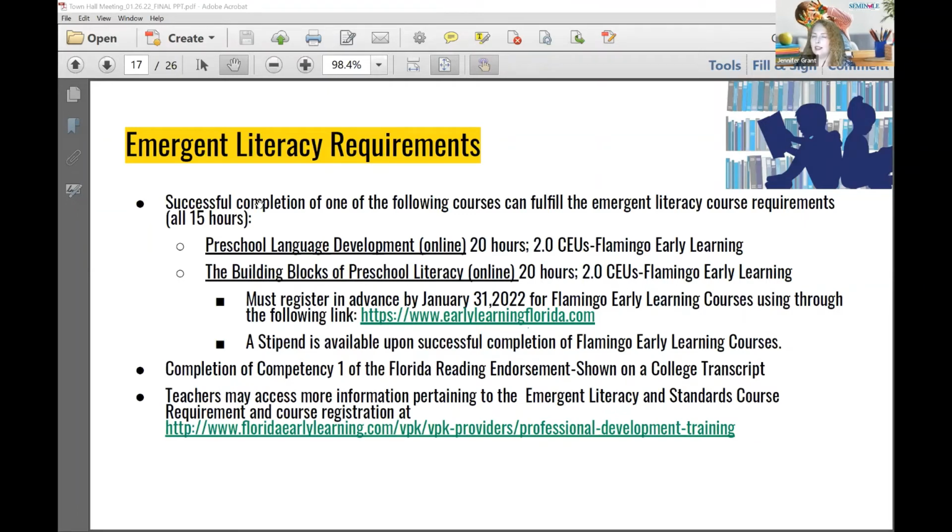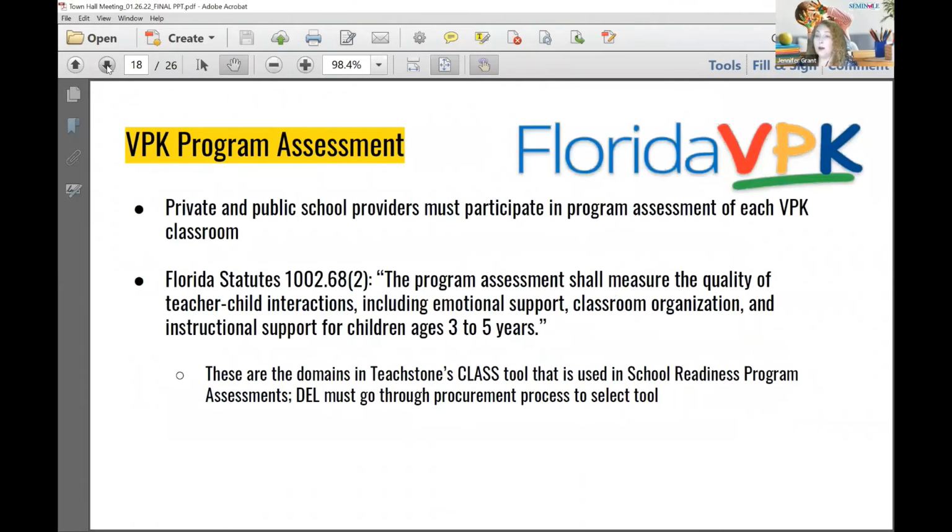Let's go to the next VPK component, because as of 22-23, which believe it or not is right around the corner for us, private and public school providers must participate in a program assessment. For those of you that are school readiness already, you know what program assessment is.